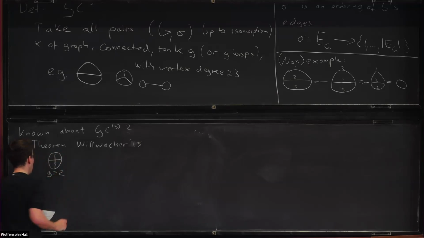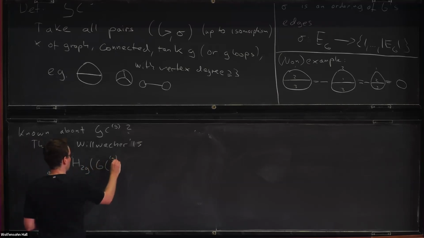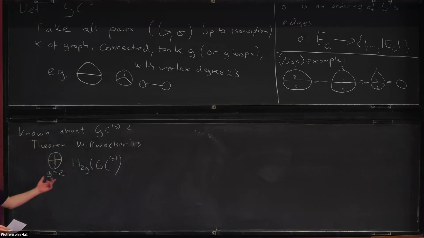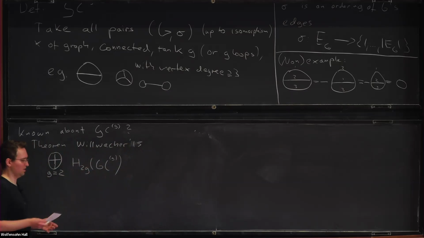We have to form the direct sum of many different homologies of this graph complex. So we take the direct sum of the degree 2G graph homology of the graph complex of rank G. It turns out that this object in its entirety carries a Lie algebra structure. So we can bracket elements of this thing, and this is also a combinatorial operation on this graph complex.